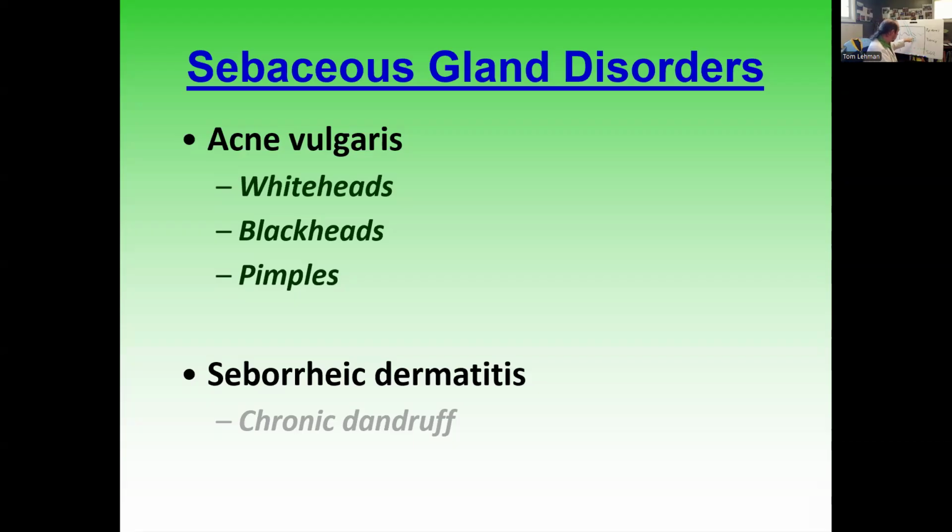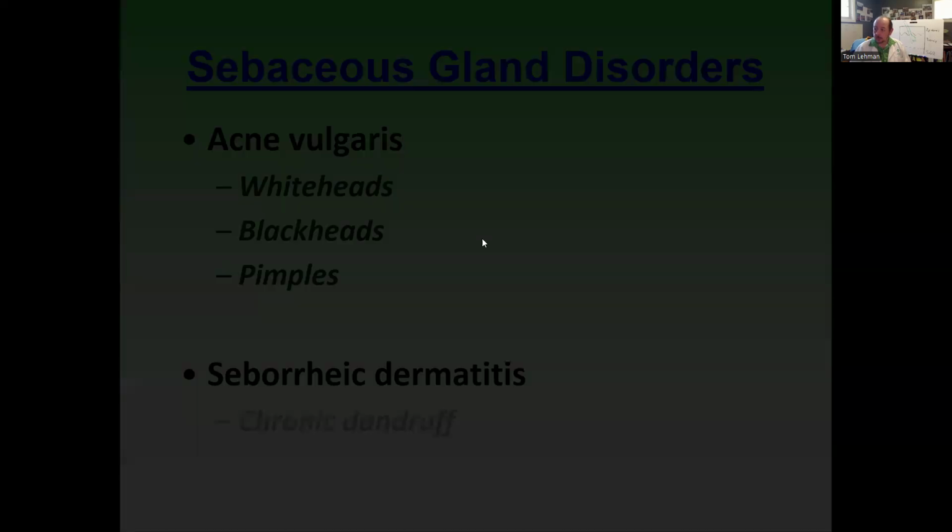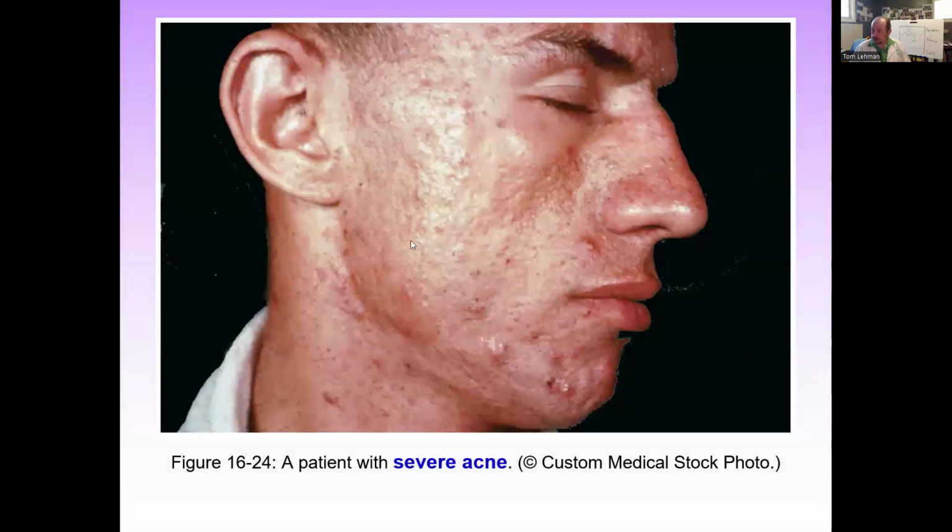And then if bacteria get into that oil and cause it to bacterially infect and swell up, that's a pimple or a zit. Those will usually bulge out more and become red and inflamed with that large papular lesion.